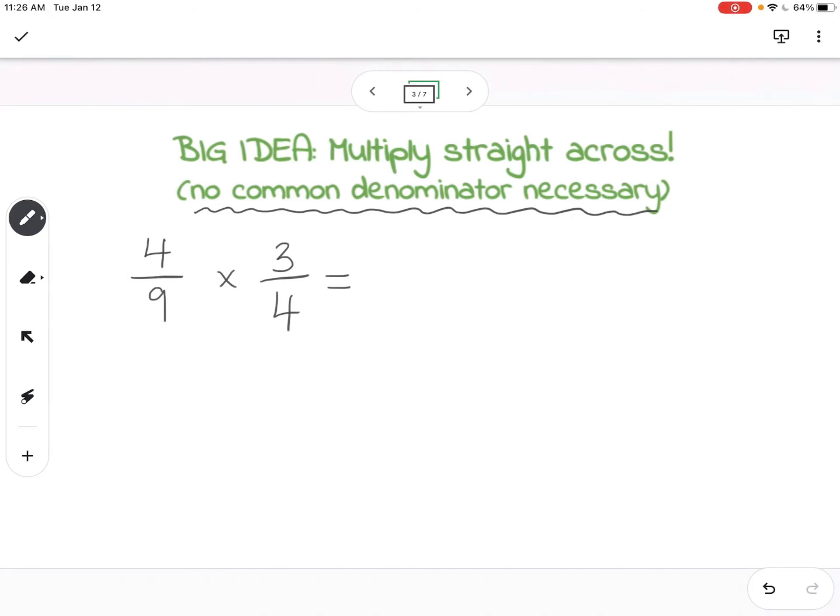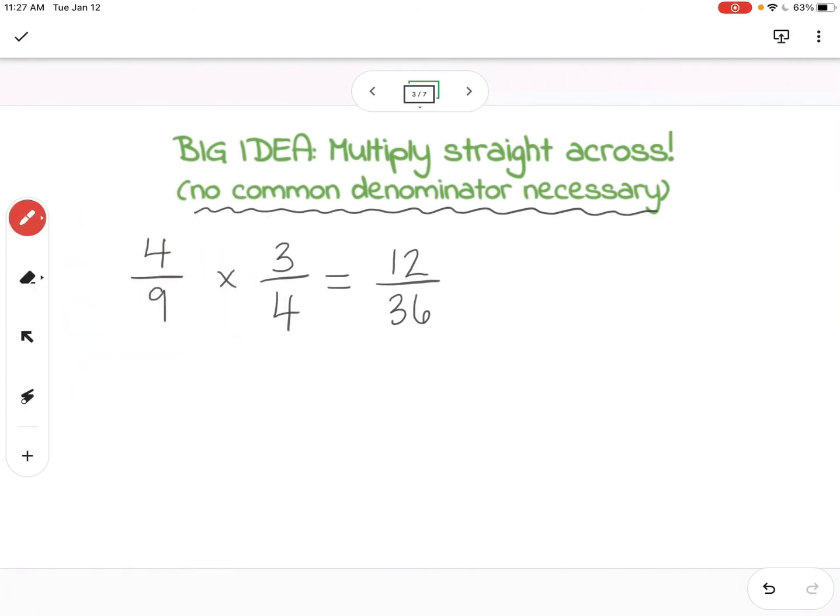So I just do 4 times 3, and I know that that equals 12. Then I would do 9 times 4, and I know that that equals 36. Now, I have to simplify this even more. So I think about if 12 and 36 have a common factor. Based on what your knowledge is, you can simplify slowly, or you can go quicker if you can think of a larger common factor.